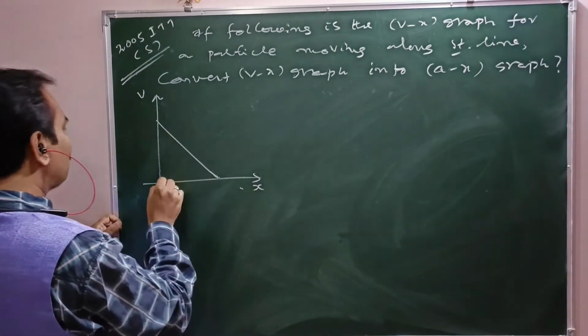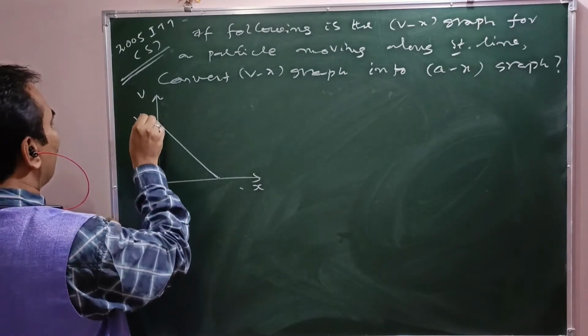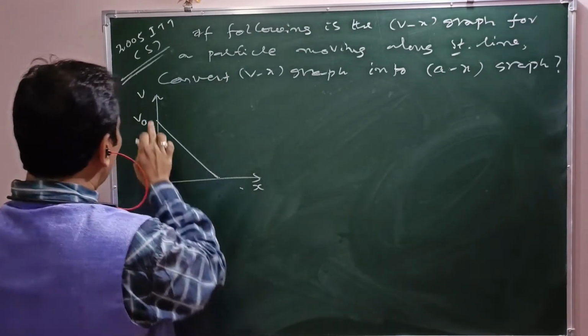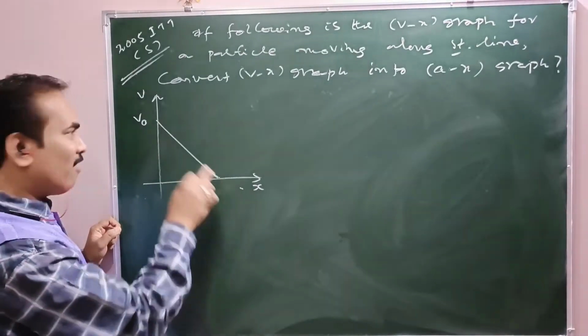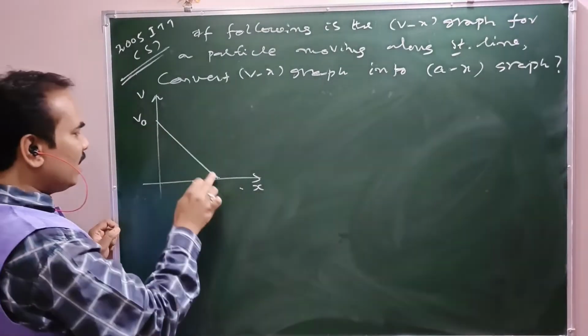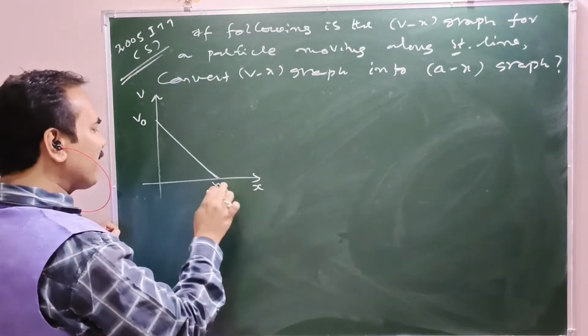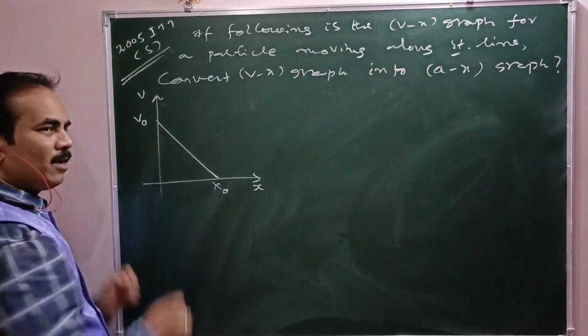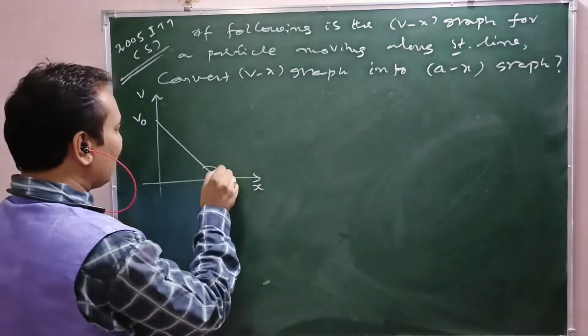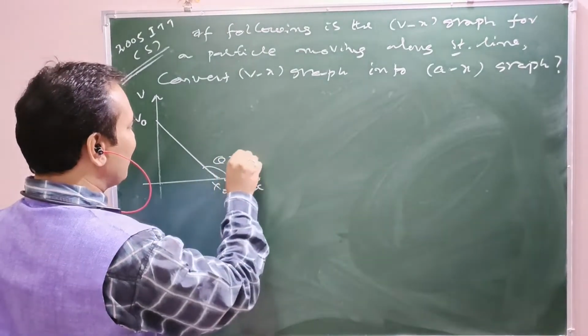When x equals 0, what is the max velocity? v0. Velocity decreases at a constant rate from the maximum value v0 and becomes 0 at x0. When x becomes x0, velocity becomes 0. So this is theta.